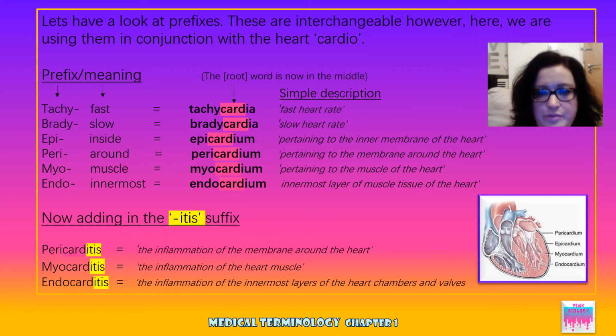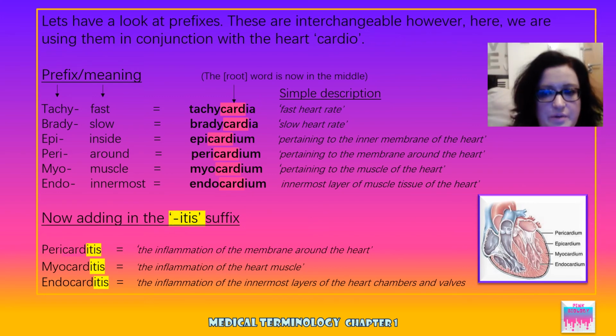So that's a very broad term again, but it has lots of different membranes and different layers. And endo, not to get confused with epi, means innermost, so very, very inside, and that'd be the innermost layer of muscle tissue.